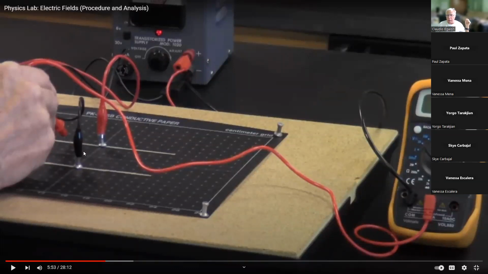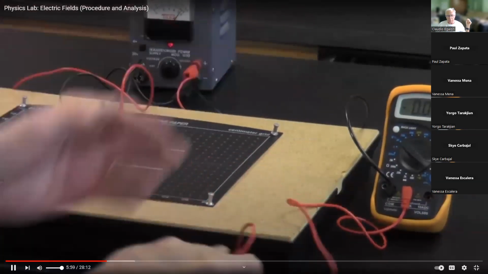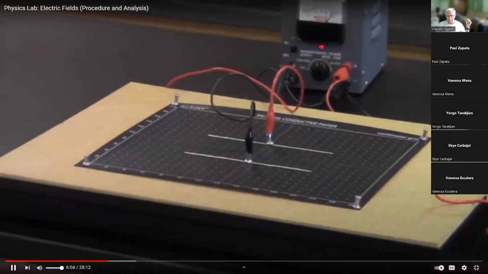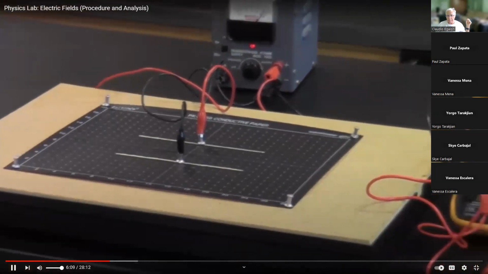Here, it's 5.93. It's 5.93 all the way from the left to the right end of that silver line. The meters change a little bit, so it was closer to 6, but it's 5.93.